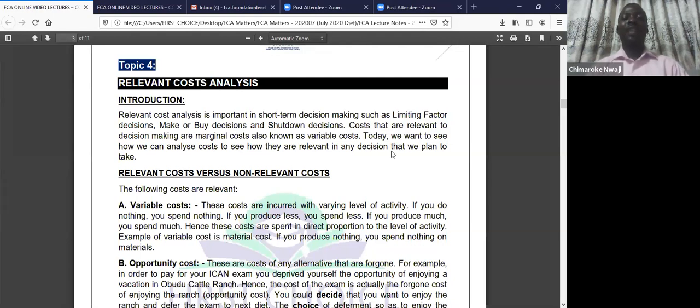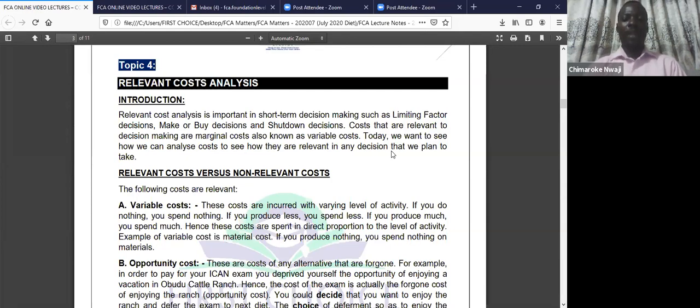Costs that are relevant to decision making, we call this cost marginal cost. We also call them variable costs. When we talked about cost classification, we mentioned the behavior of costs to be either variable or fixed. Today, we want to see how we can analyze our costs to see if they are relevant in decision making and how we plan to take these decisions.